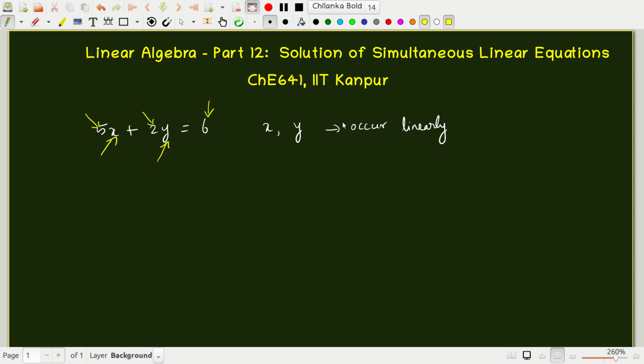So this is an example of what we call a linear equation. This is a single linear equation.